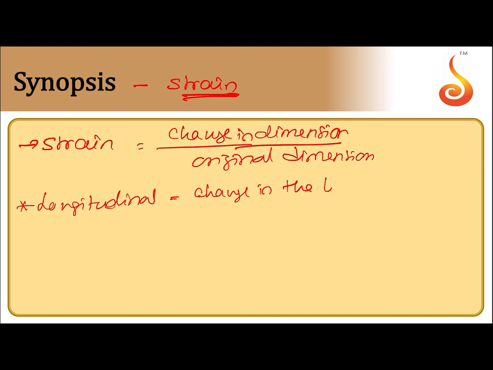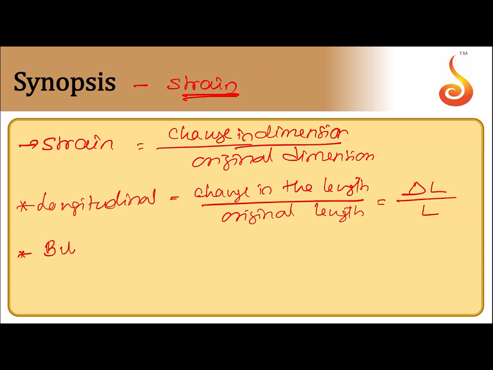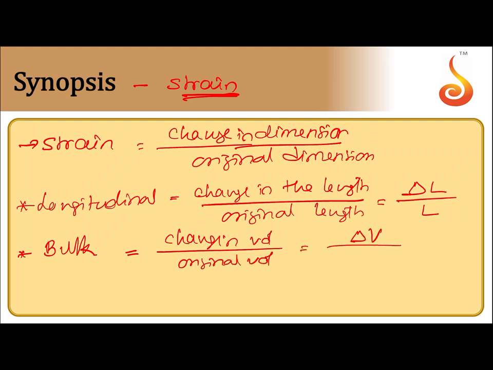It may be elongation or it may be compression, change in the length divided by original length, which is equal to delta L divided by L. Likewise, we have bulk strain, which is equal to change in the volume divided by original volume, which is equal to delta V divided by V. So change in volume divided by original volume.